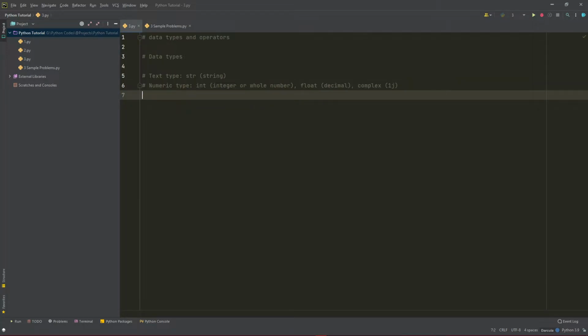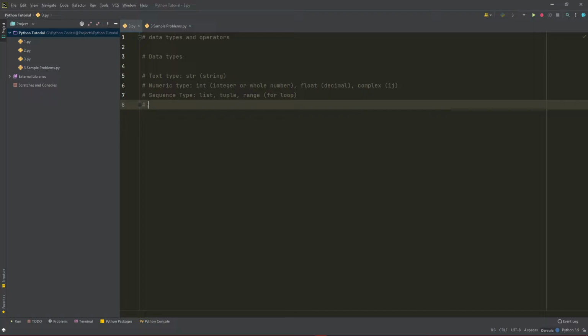Okay? So the third one, we have what we call the sequence type. Now, this is for multiple items stored in a single variable. We have the list, we have the tuple, and range. Now, range is for loops. Okay, so we have the mapping type.